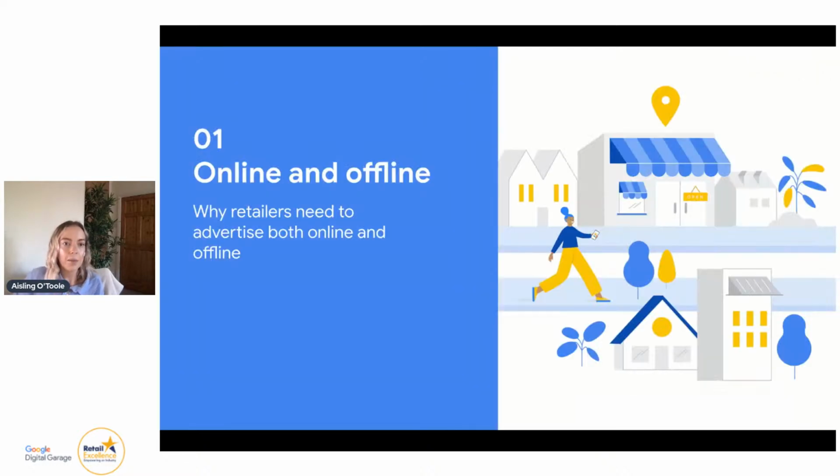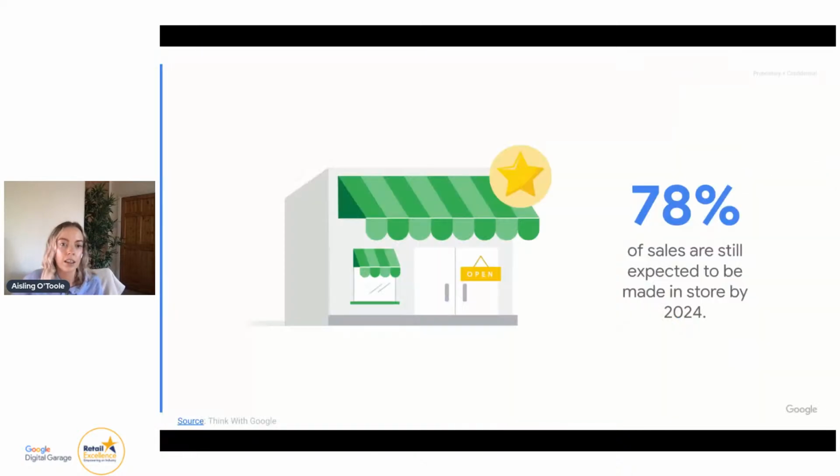So let's kick off by talking about the importance of advertising both to shoppers who are offline and who are online. Although the pandemic has accelerated digital adoption, and we have obviously seen online sales growing, it is actually expected that most purchases will still be made in stores by 2024.